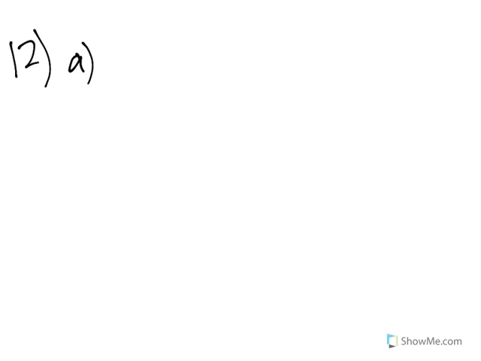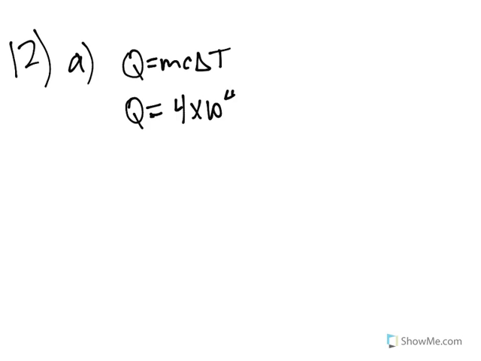So if we solve part A, it's talking about how much energy must be transferred to decrease temperature. So if I'm changing temperature, I know that I'm dealing with specific heat. And so in this case, the energy needed is the mass of the jelly, which is 4 times 10 to the fourth, times the specific heat, which we say is assume the same as water.